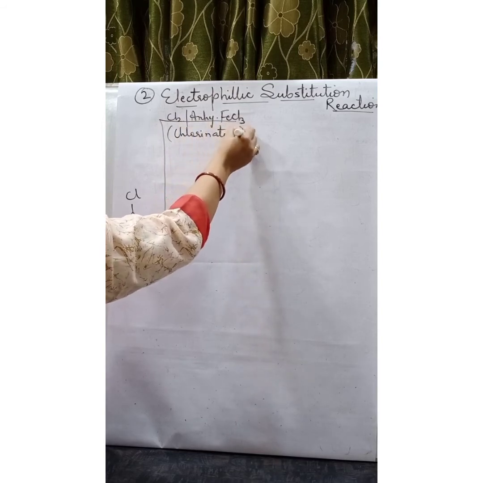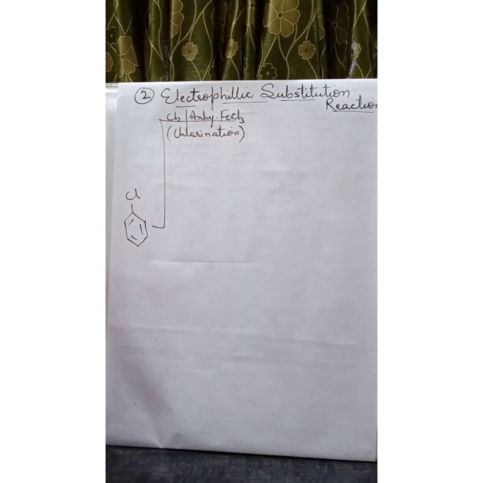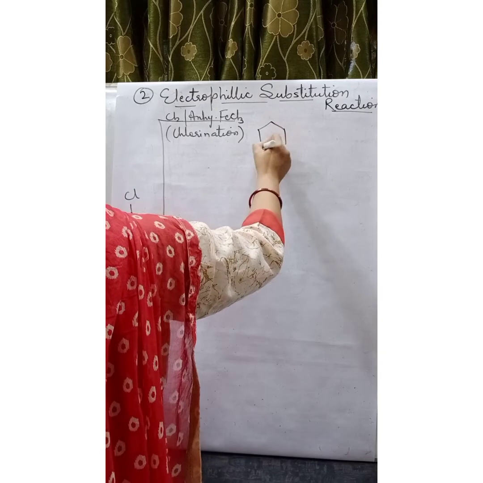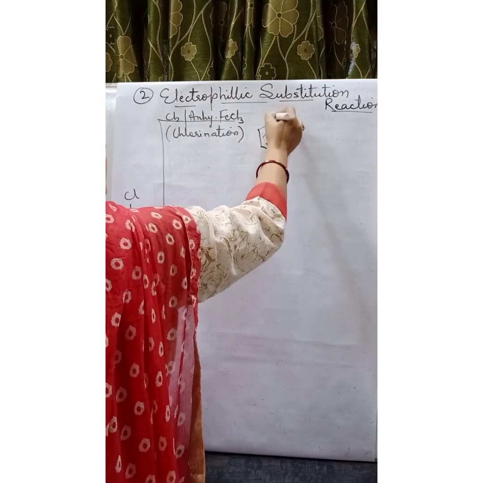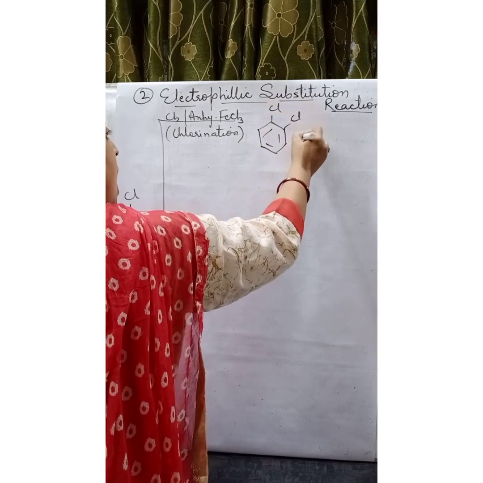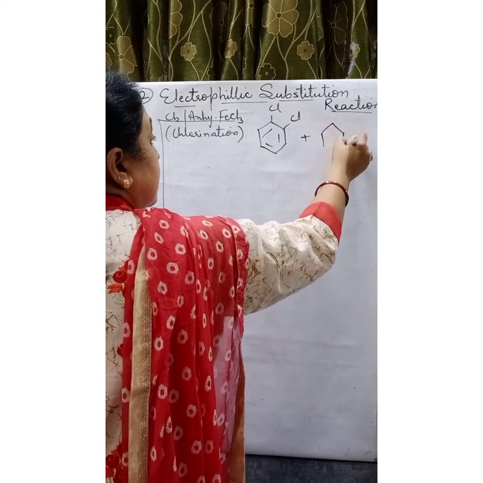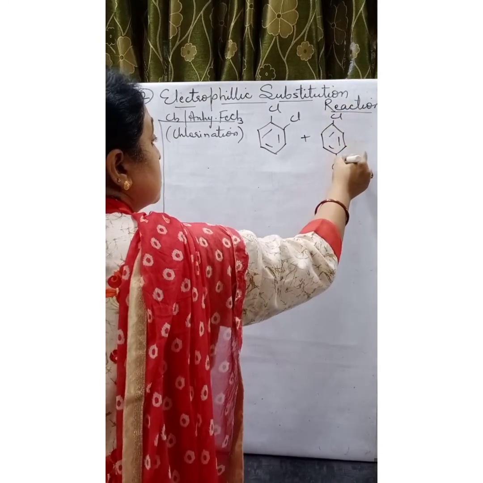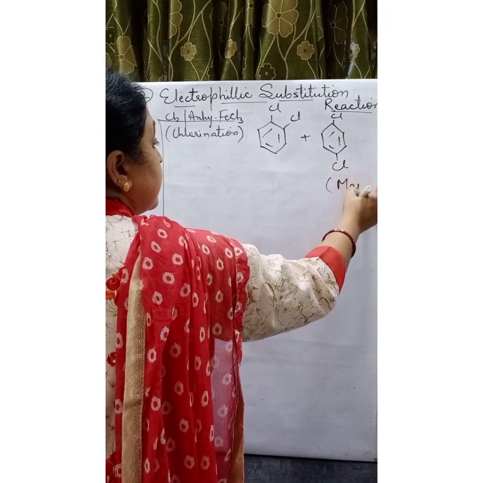Now, from the resonating structure, we have seen that the ortho and para positions are rich in electrons. So, it gives us a mixture of both ortho and para products, out of which the para product is the major product because of the symmetry in its structure.